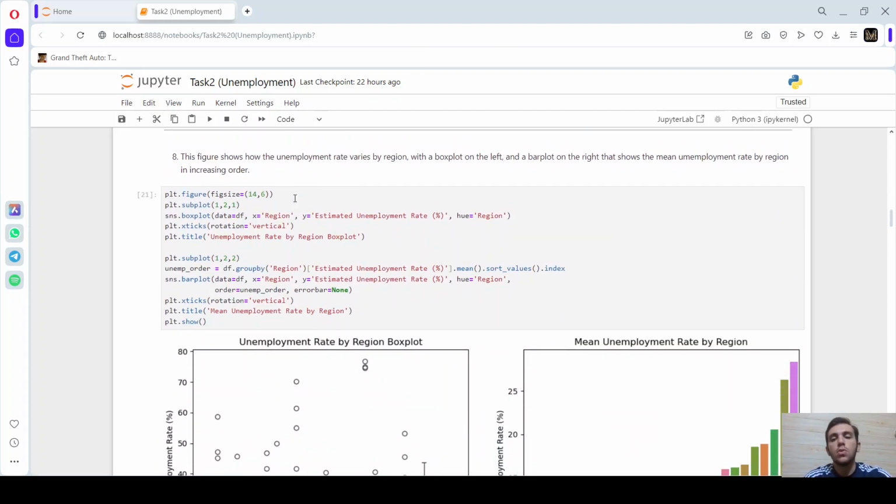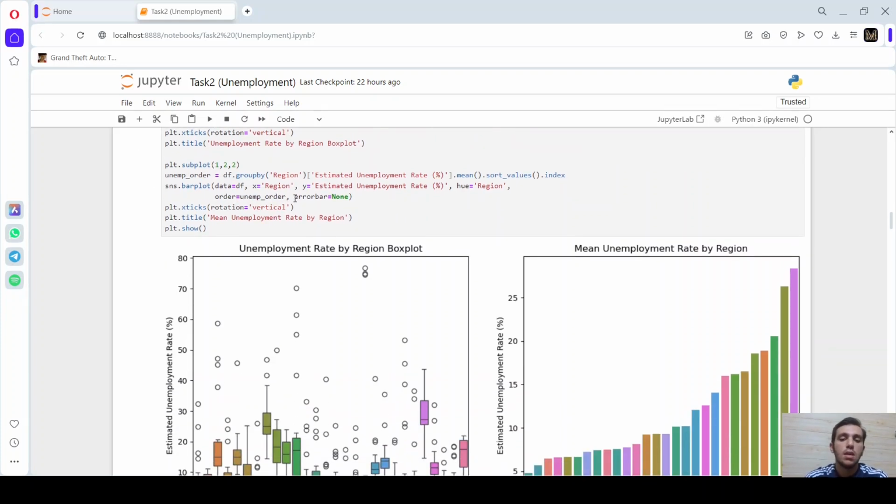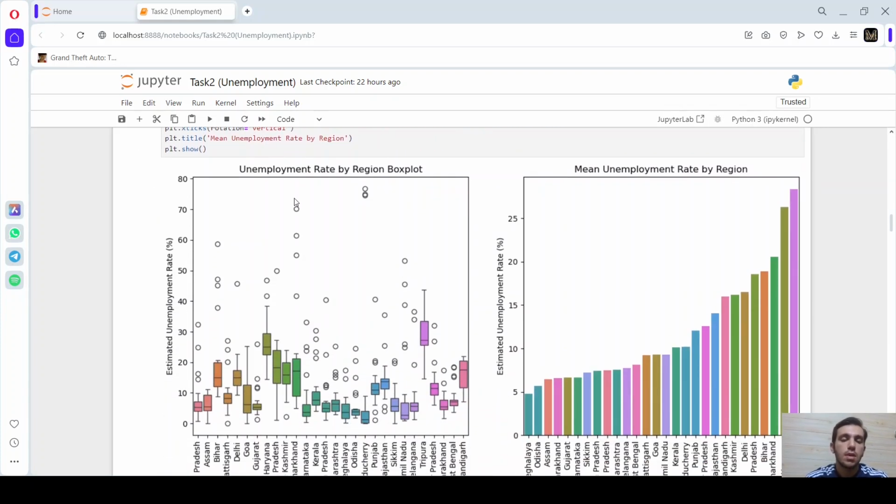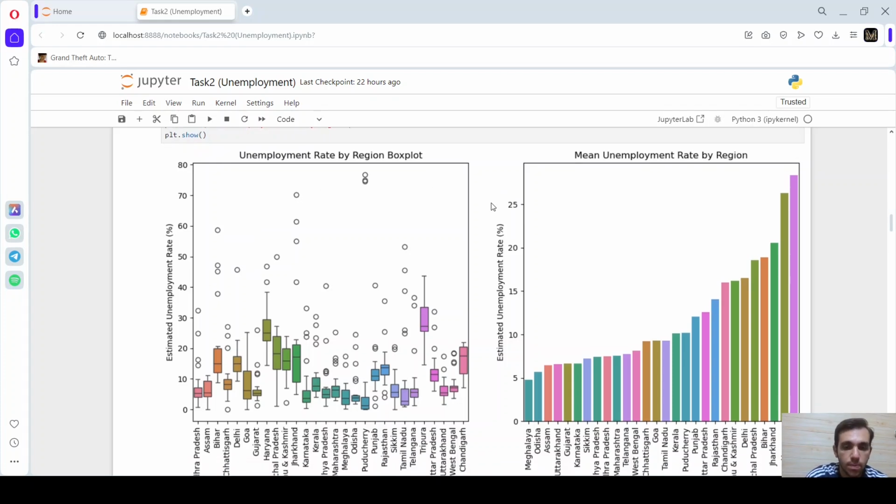Next, we're going to plot a box plot on the left and a bar plot on the right, in increasing order, that shows us how the unemployment rate is distributed for different regions.